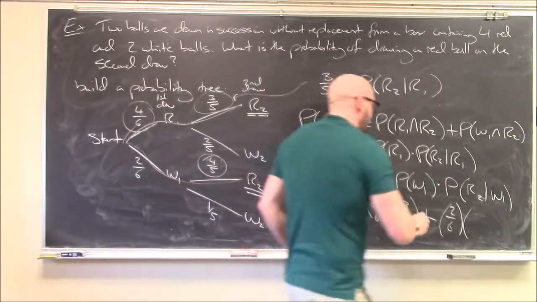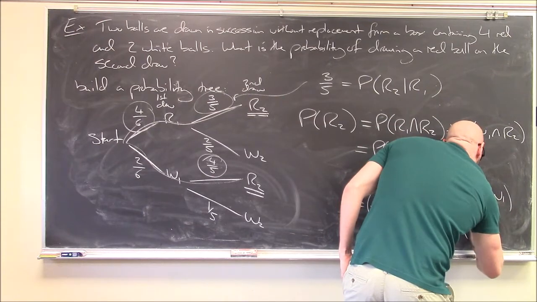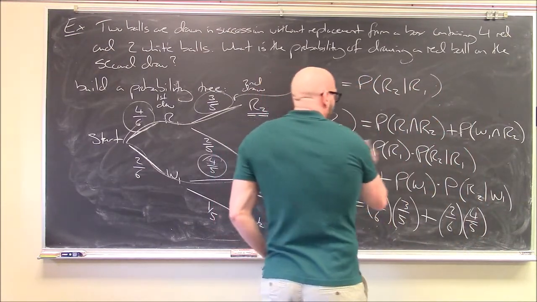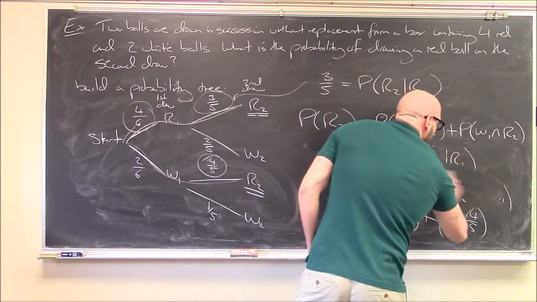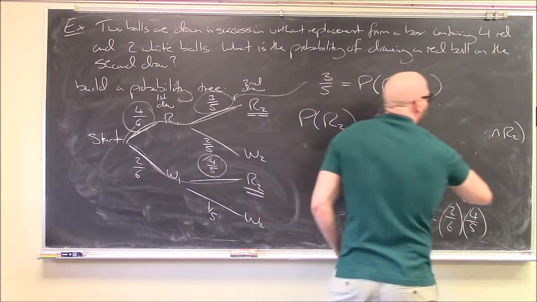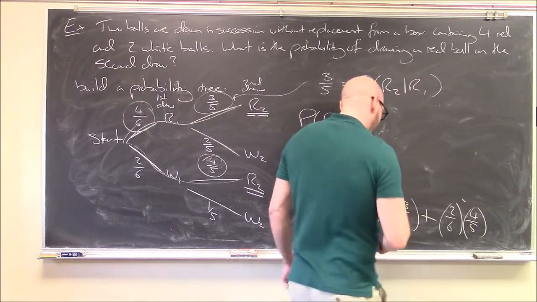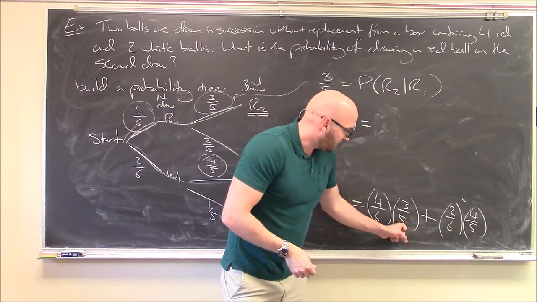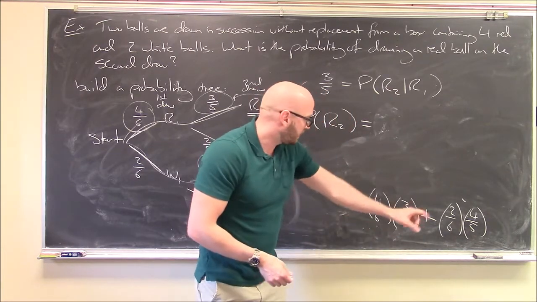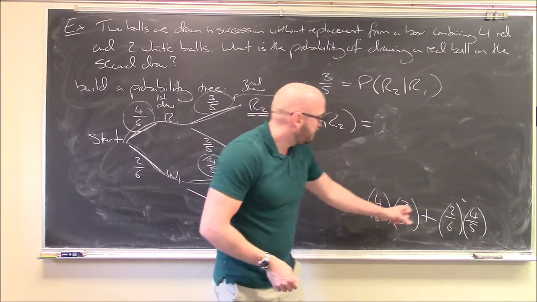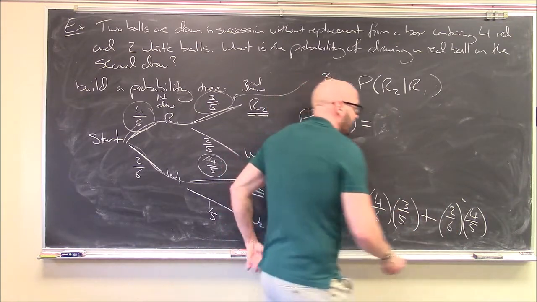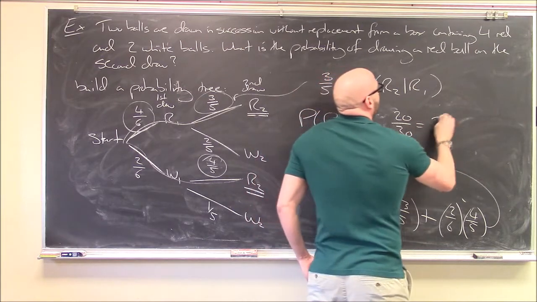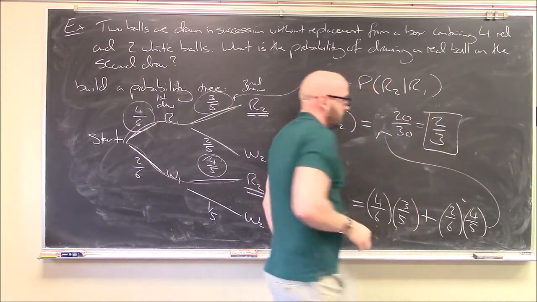All right, so times 4/5. And now all I have to do is simplify this. I'm going to do this all in one go. My denominator in both cases is 30. Right? 6 times 5 is 30. Here I have 12 over 30 plus 8 over 30. This equals 20 over 30, or 2/3 is the answer.